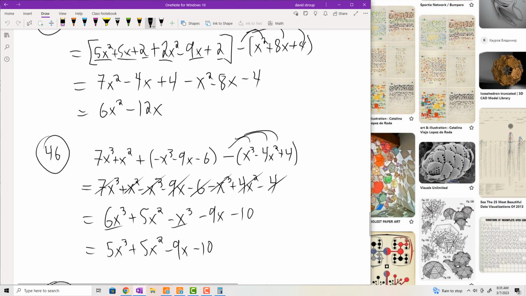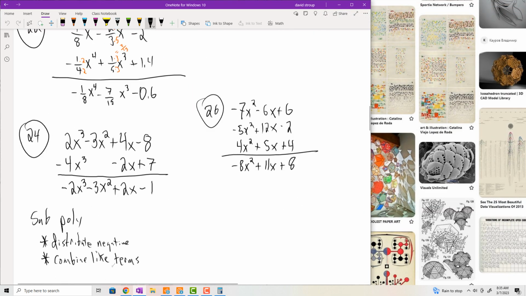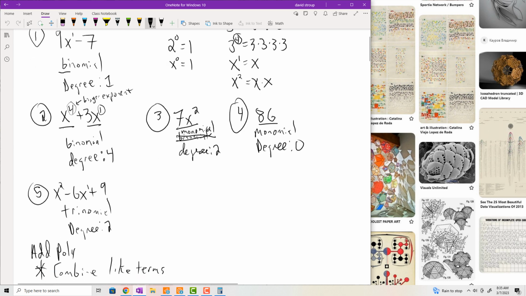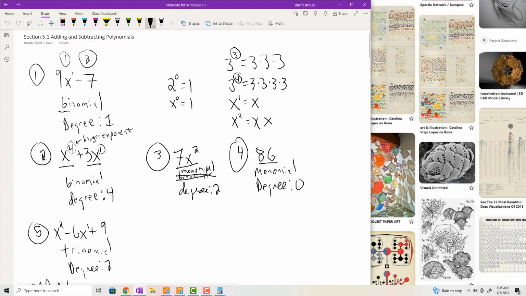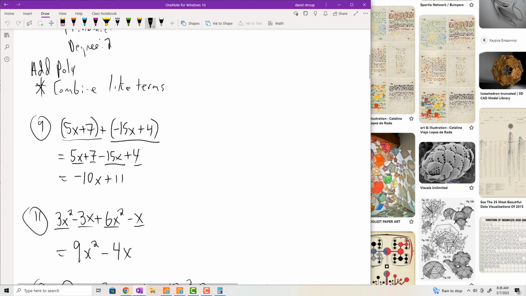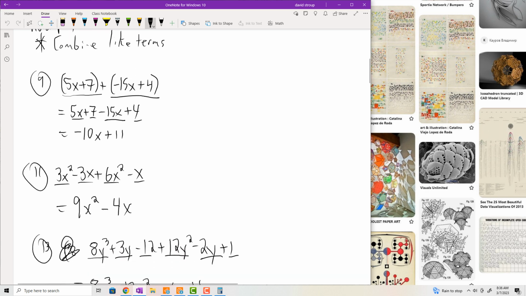So right, hopefully these are pretty simple. First you're identifying, is it monomial, so does it have one term? Is it binomial, 2 terms? Trinomial, 3 terms? And then the degree is the highest exponent you see in the polynomial. To add polynomials, you just basically drop the parentheses and combine the like terms.